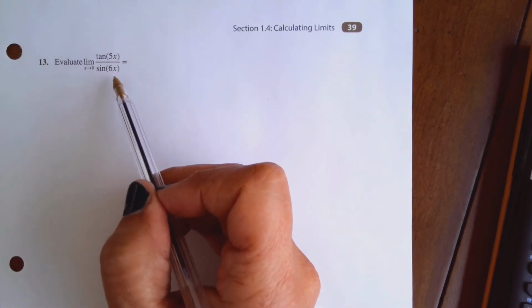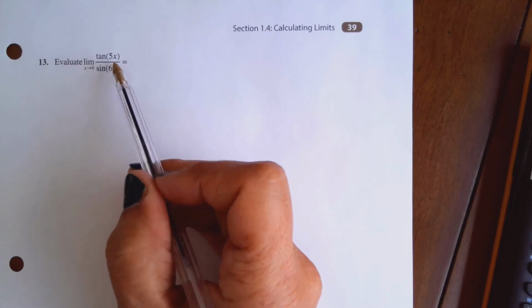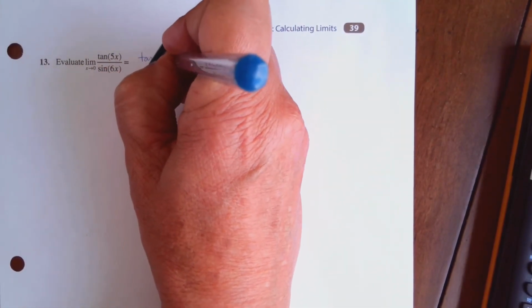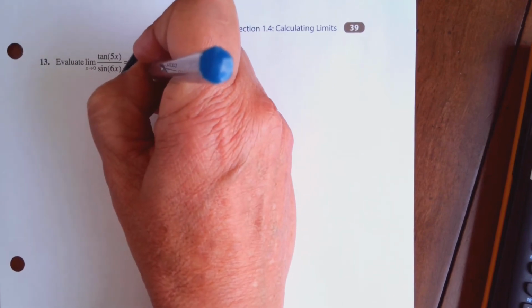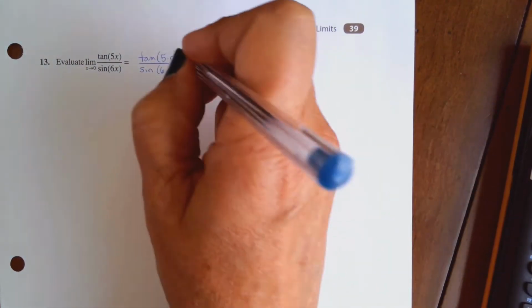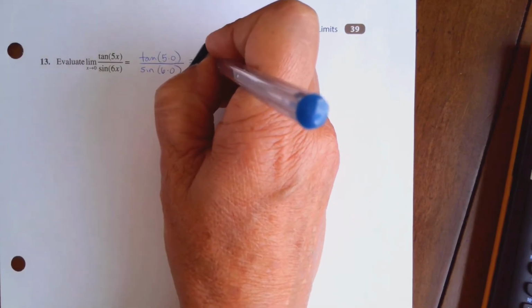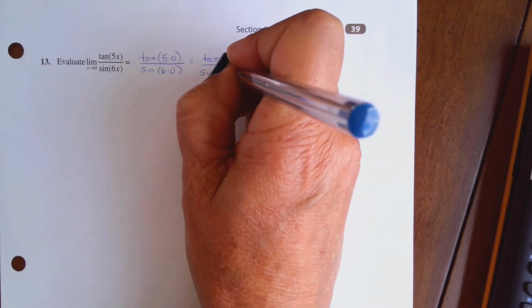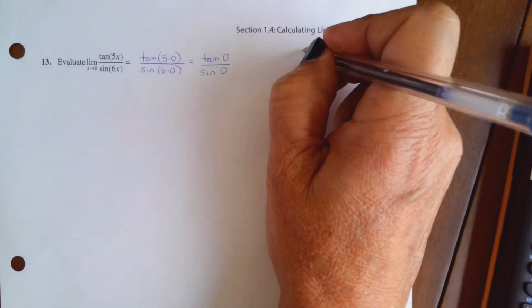Now if I did plug it in, let's talk about that. The tangent of 5 times 0, if I'm plugging in the value, the direct substitution, and the sine of 6 times 0. 5 times 0 is 0, so I need to know the tangent of 0, and 6 times 0 is 0, so I need to know the sine of 0.